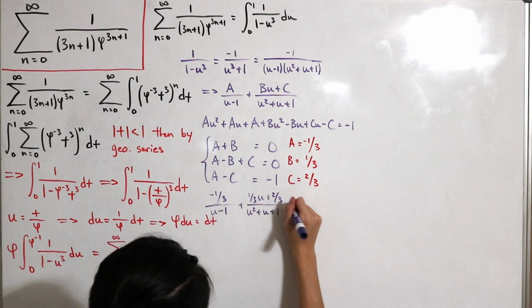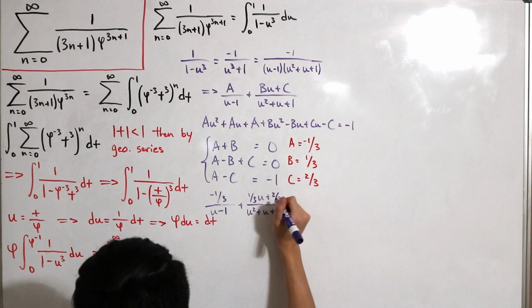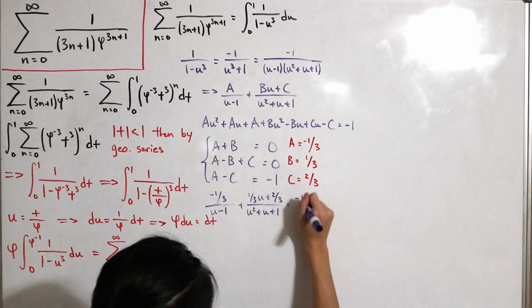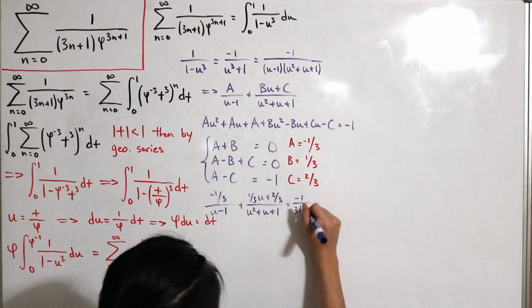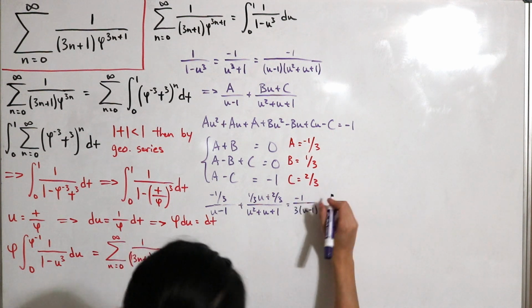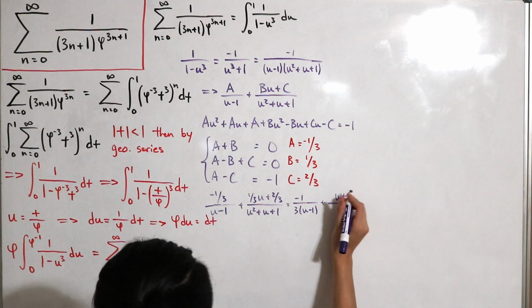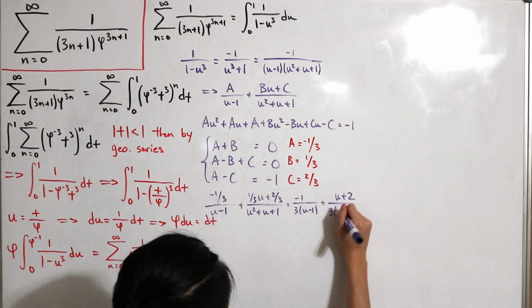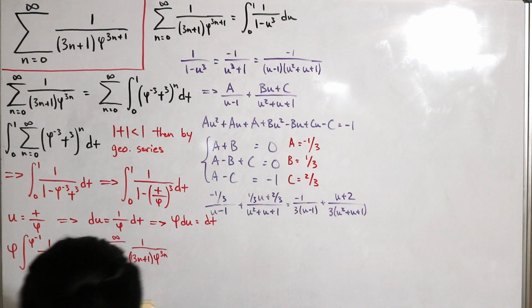I knew I was going to mess this up with x and u. Then we can do a little bit of factoring and simplifying, and we get negative 1 divided by 3 multiplied with u minus 1, and then we add this with u plus 2, divided by 3 times u squared plus u plus 1. And so from there, we just have to integrate.